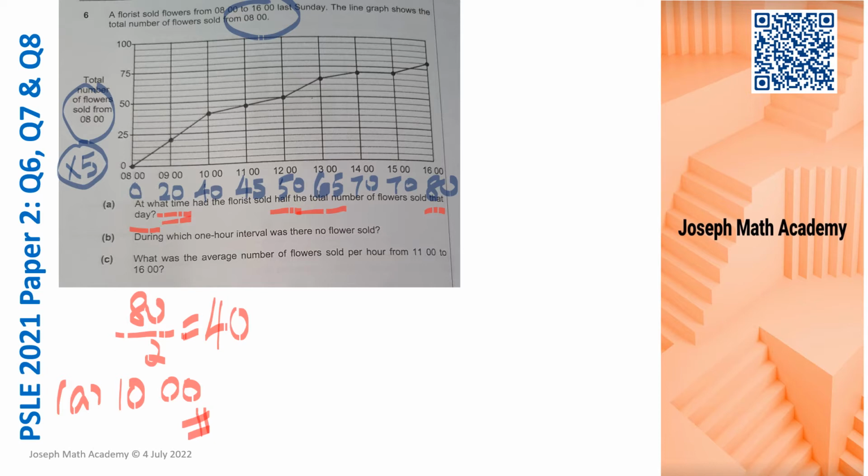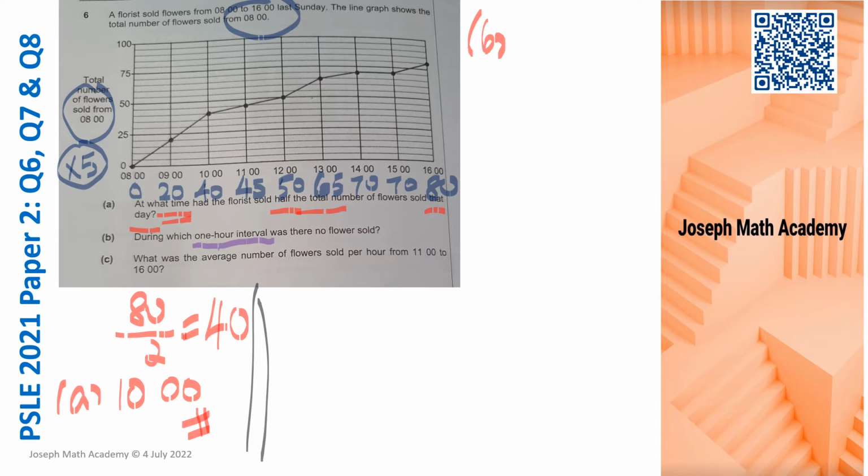Let's move on to part B. During which 1 hour interval were no flowers sold? Now, interval is an important clue here. Interval means it's between 2 timings.